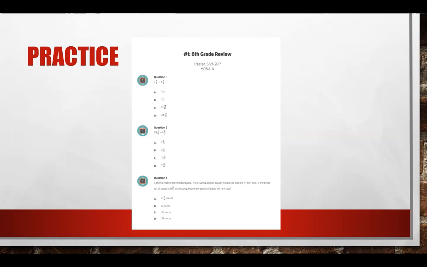Then I'm going to multiply 35 by 6. 6 times 5 is 30. Carry the 3, and 6 times 3 is 18, plus 3 makes it 21. So my answer is 552 over 210.